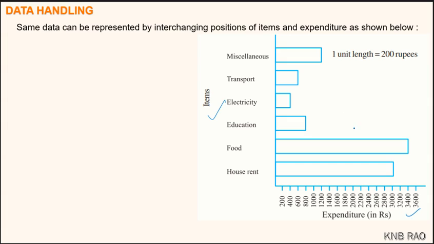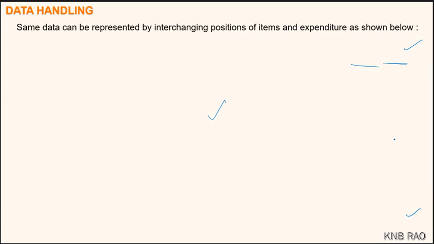When I consider 1 unit length of the horizontal axis as 200 rupees, the bars are coming parallel to this horizontal axis, and as I have already told you, this bar graph is called a horizontal bar graph, where bars are parallel to the horizontal axis.